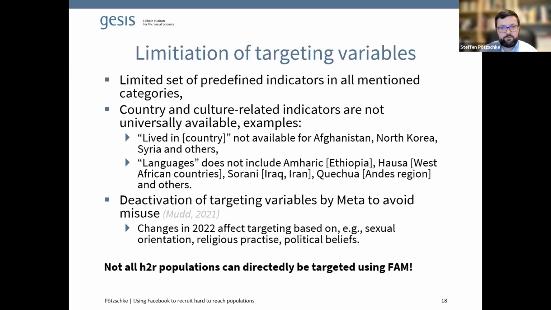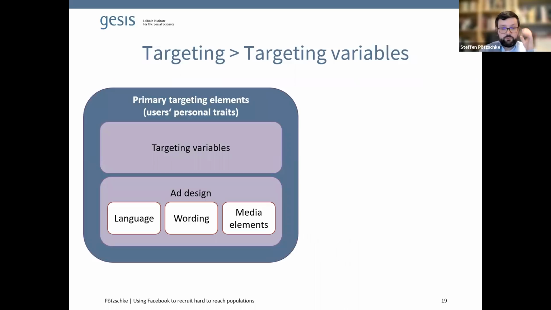So what does this mean? Obviously, it means that not all hard-to-reach populations can directly be targeted using the Facebook Advertisement Manager. And this is why you should always take into consideration that targeting in this method means more than finding the right targeting variables.